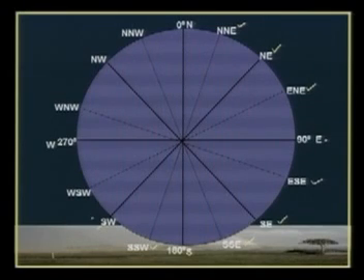Then southwest, west southwest, west, west northwest, northwest and north northwest. These are the names that we give to the various wind directions.